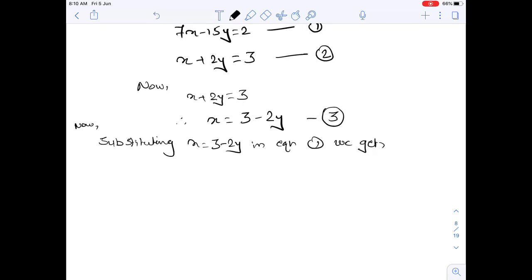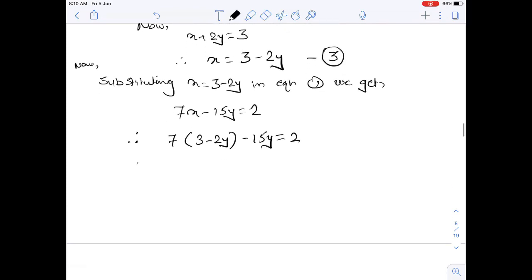Now what do we get? Before that we have to write equation number 1: 7x minus 15y equals 2. Now wherever there is x, in place of x we have to write 3 minus 2y. So you will get 7 in brackets 3 minus 2y, remaining as it is, minus 15y equals 2.